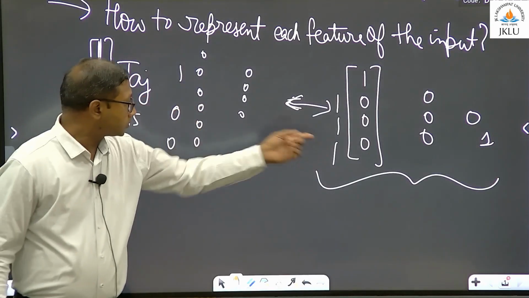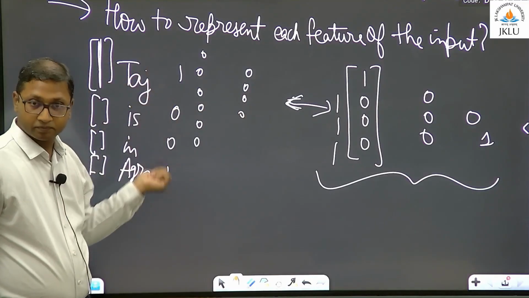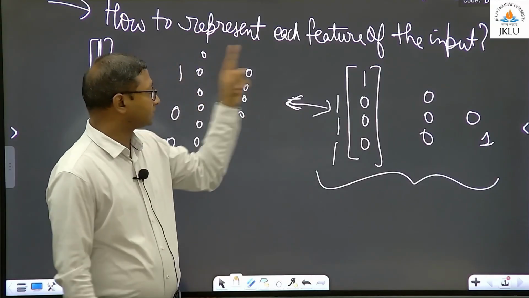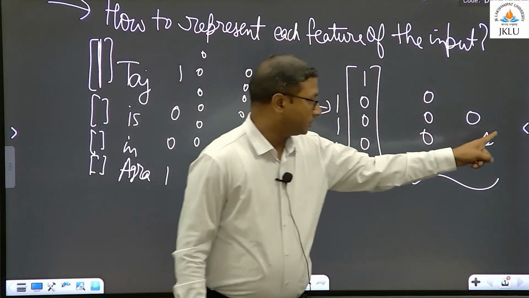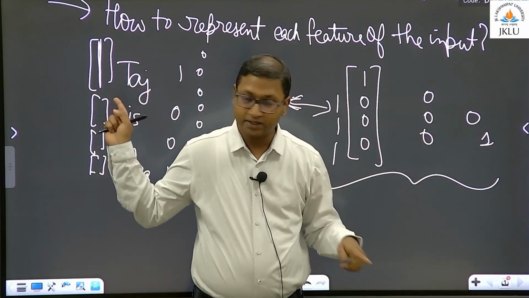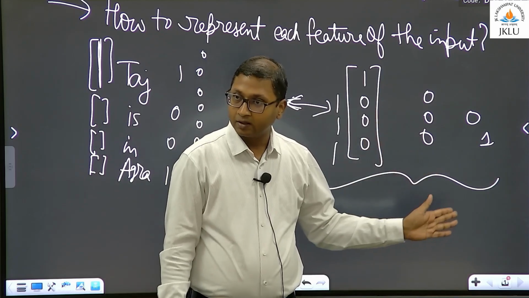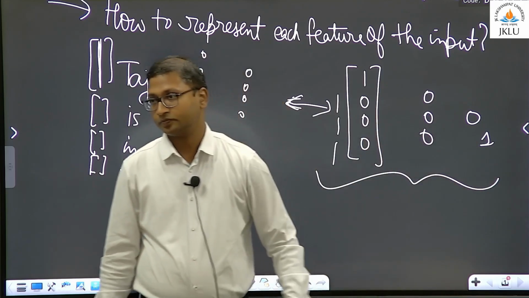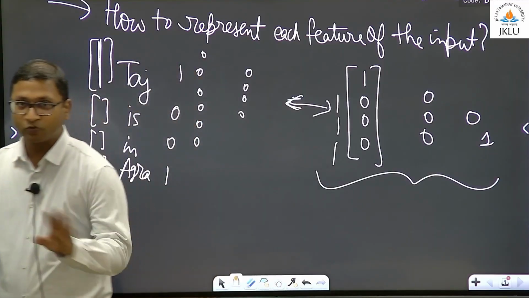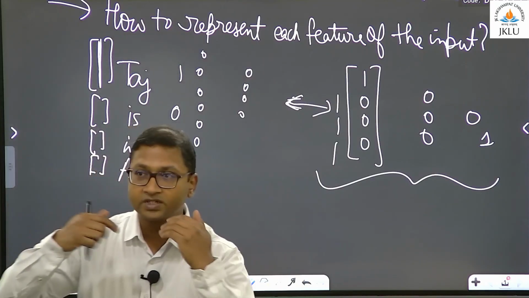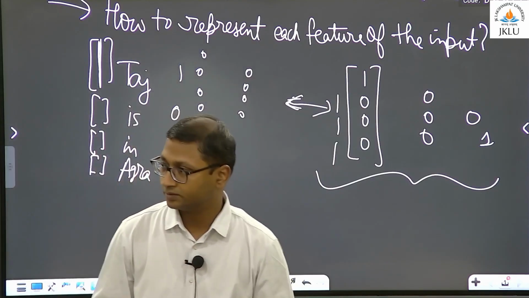So I have created a data set like this. How will that work? Input Taj 1, input is 0, input in, input Agra 1 and so on. Will this work? No. Will this work in terms of the structure of the neural network that we have been seeing?